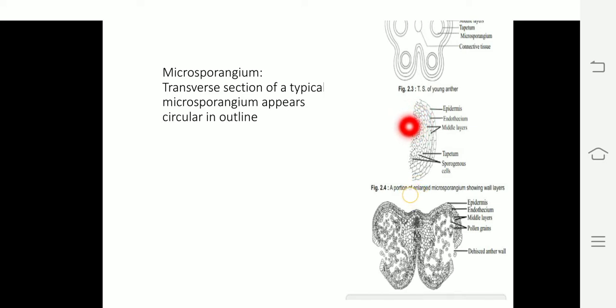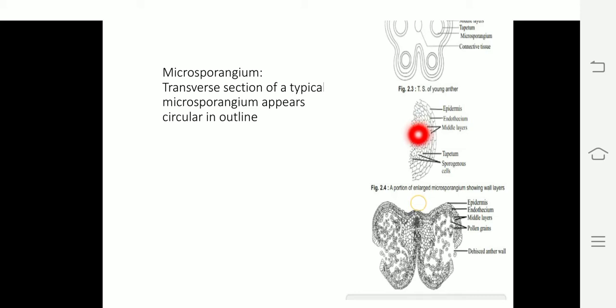Next to the middle layers, the next layer is called the tapetum. Tapetum is the innermost layer, and this tapetum surrounds the sporogenous tissue. It is made up of compactly arranged cells. The cells of the tapetum show dense cytoplasm and they show the multinucleate condition.